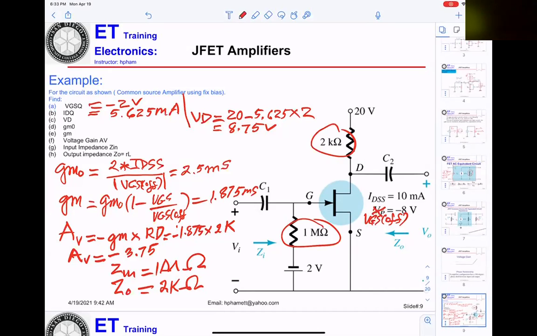Personally, I would say the load is separate, because that's what you're delivering power to.